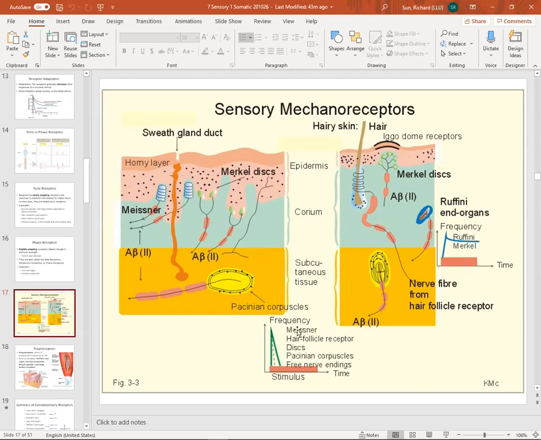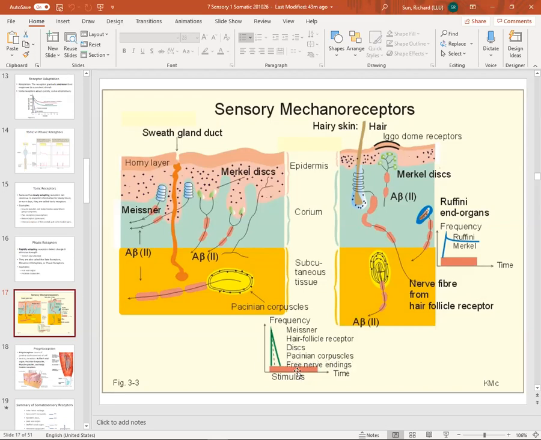So here is the list of the fast adapting receptors. They turn on, but only send signal for maybe a fraction of a second, then stop sending signal. So these are the fast adapting receptors: Meissner's compared to the Merkel's, hair end organ or hair follicle receptor, Pacinian.